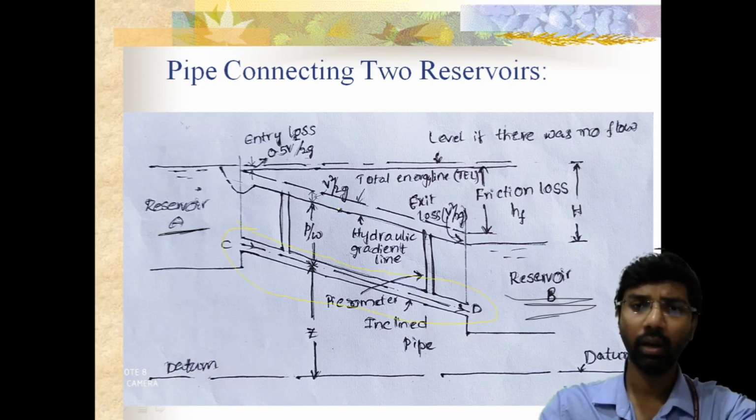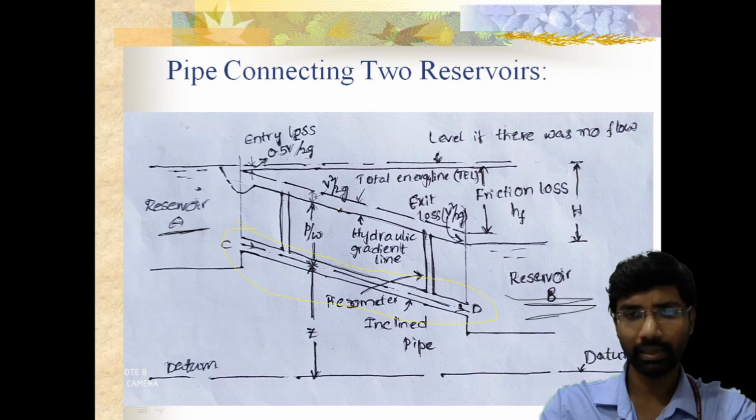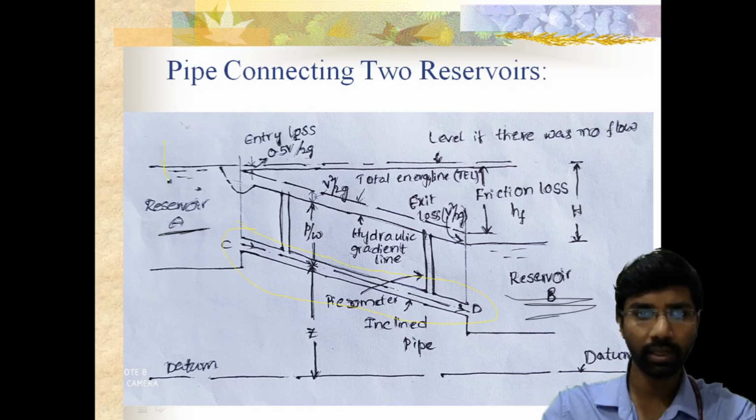In general, you know that whenever two reservoirs or two vessels are connected with a pipe, the water levels in the two reservoirs or vessels will be the same.